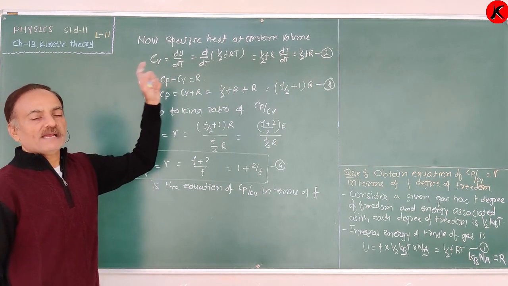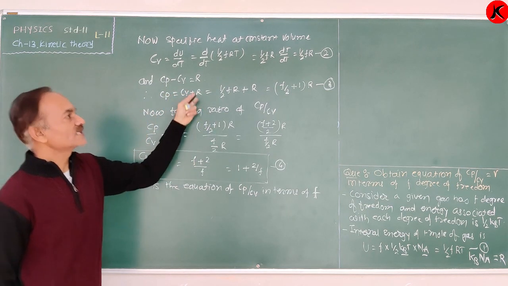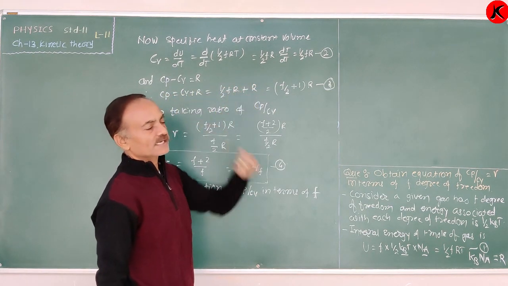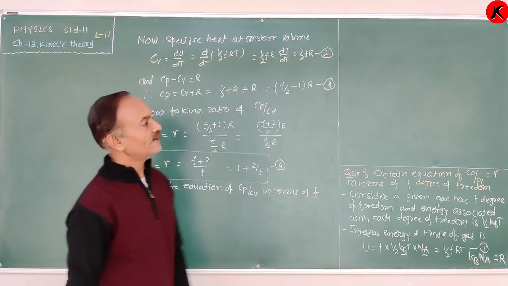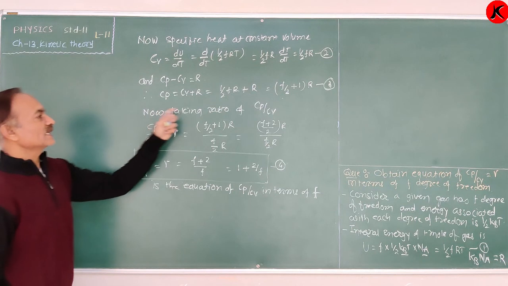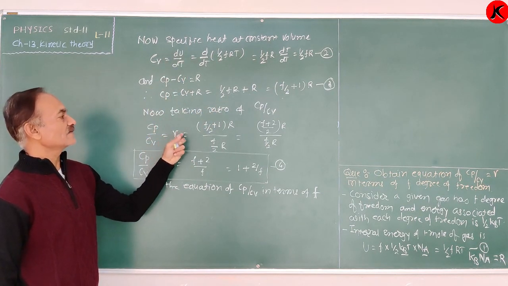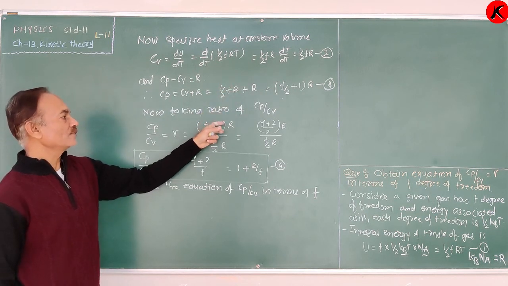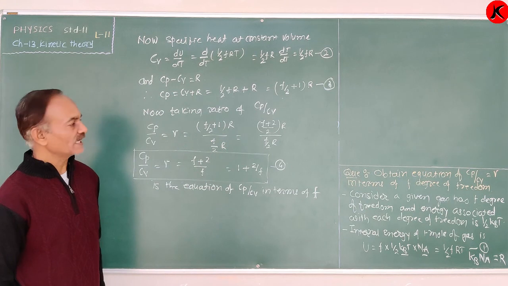Now, Cp minus Cv is equal to R. Therefore, Cp is equal to Cv plus R. Cv is half FR plus R. R is common. Therefore, F by 2 plus 1 into R. Now, taking the ratio of Cp upon Cv, gamma is equal to F by 2 plus 1 into R upon F by 2 R. R by 2 cancel.